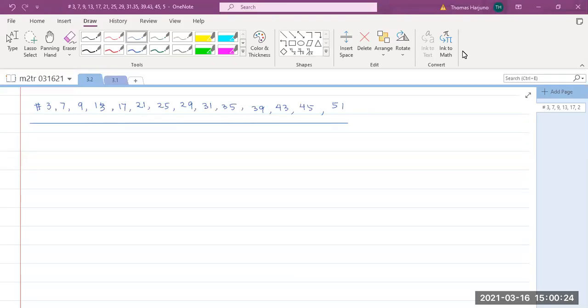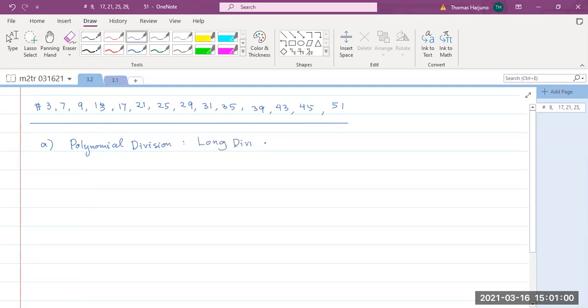Today we will start chapter 3, and for this chapter we will start from 3.2 instead, which consists of some parts. The first one is on polynomial division, which consists of long division and synthetic division.